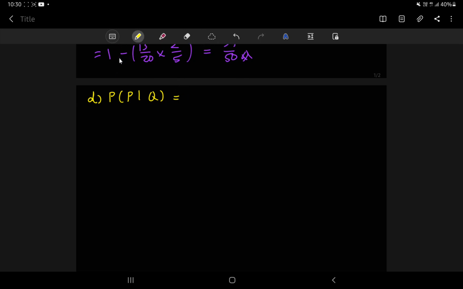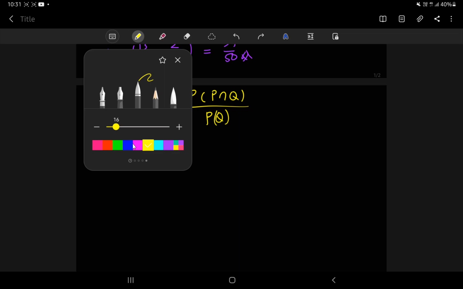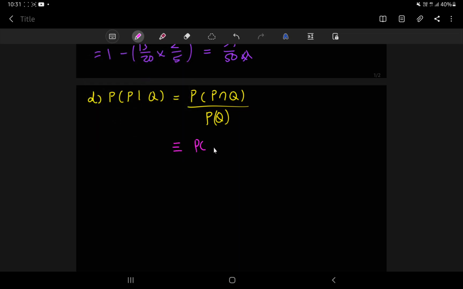According to Bayes' theorem, the probability of P given Q is equivalent to the probability of P intersection Q divided by the probability of Q. It is also equivalent to the probability of P times the probability of Q given P, divided by the probability of Q. But for this case, we need to use the first formula.